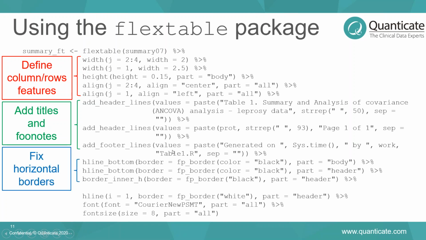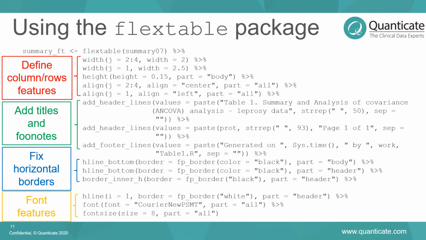We need to fix the horizontal lines as well. So we need to make sure that we only have horizontal lines that wrap the header columns. And then we can change the font size, we can change the font itself, and there's plenty of other options which are not used here.